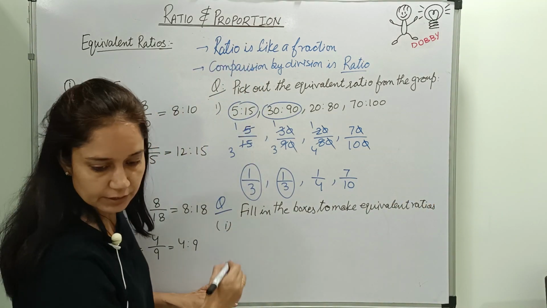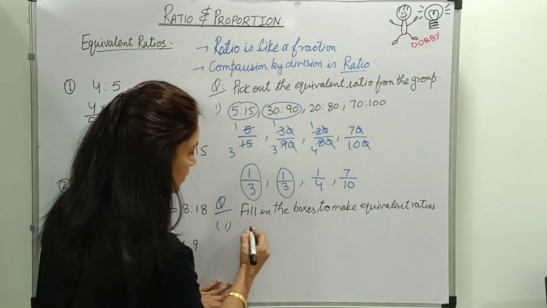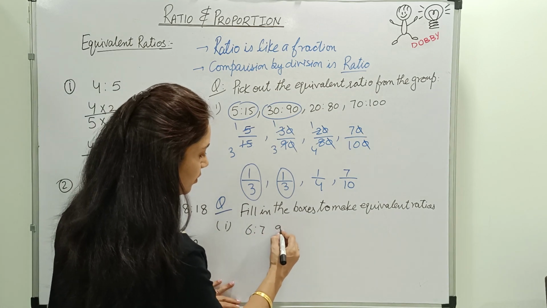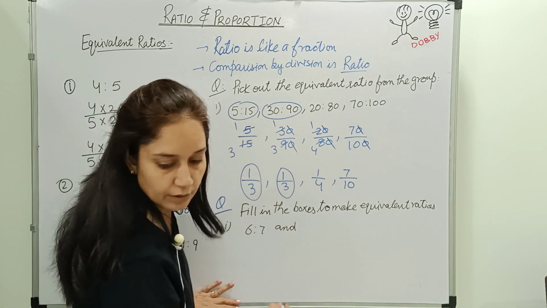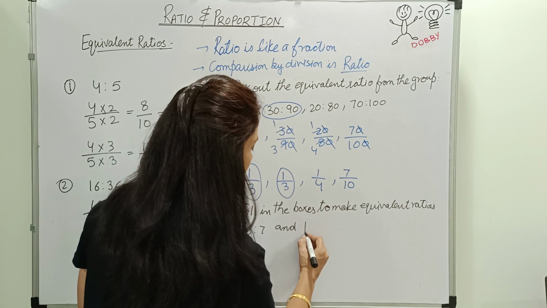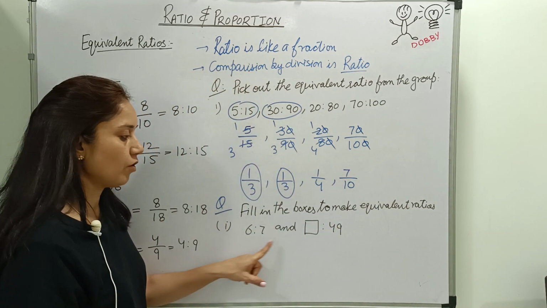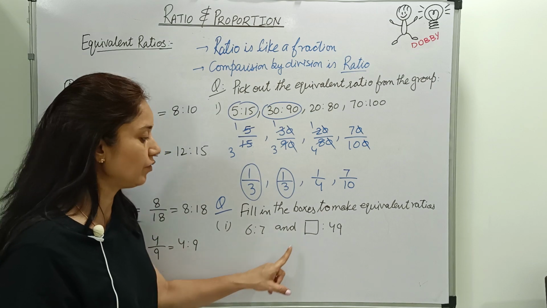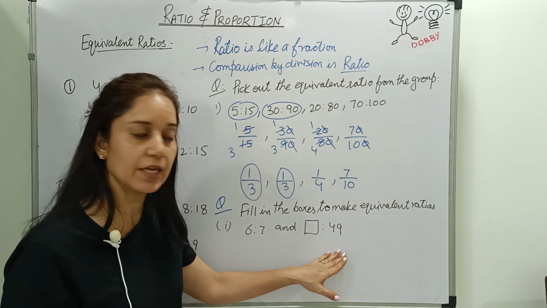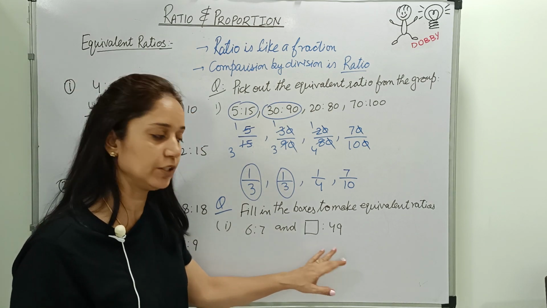First part is 6 is to 7 and here is a blank and then it is written is to 49. You have to find out what number will come in the blank so that 6 is to 7 and the second ratio become equivalent ratios.